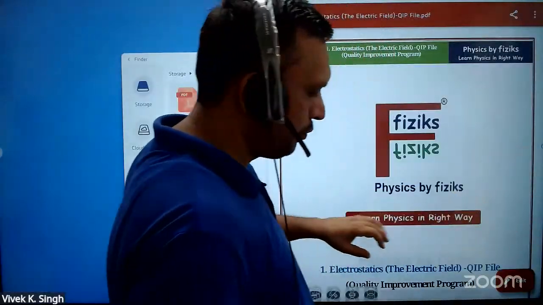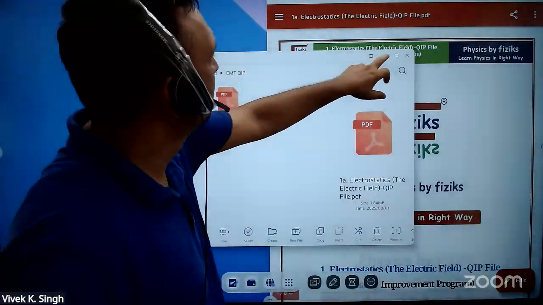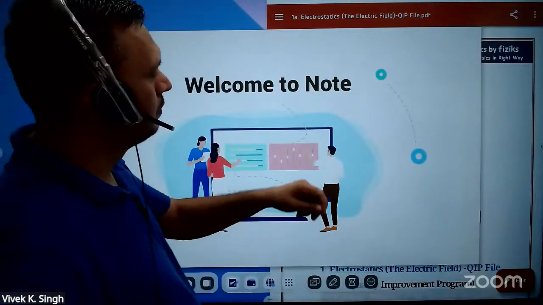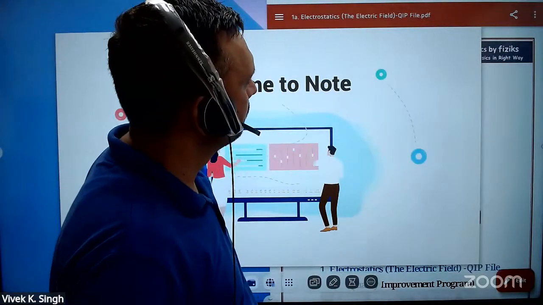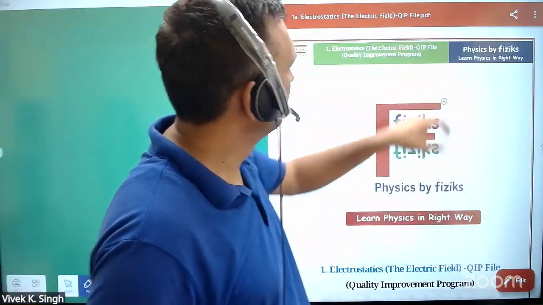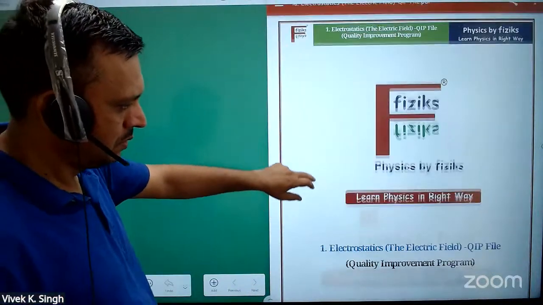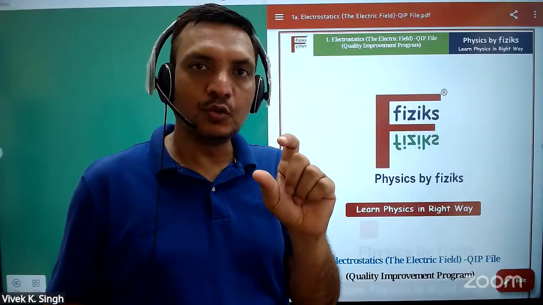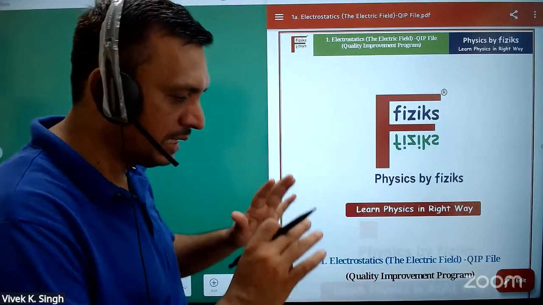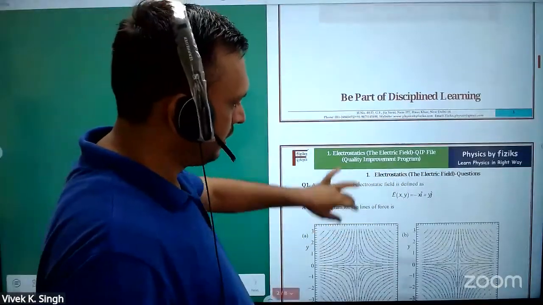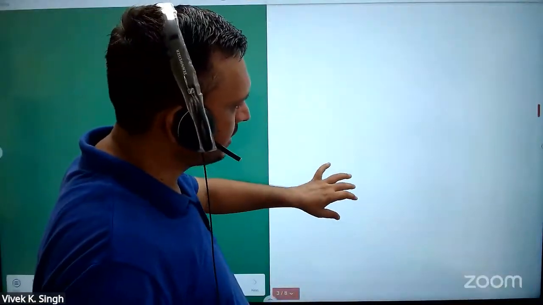We will solve from our QIP file. The topic is electrostatics and we are focusing on the electric field, how to calculate it. We are taking examples related to the electric field concept.